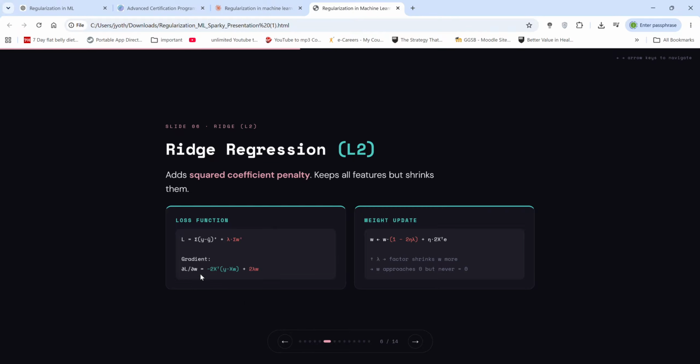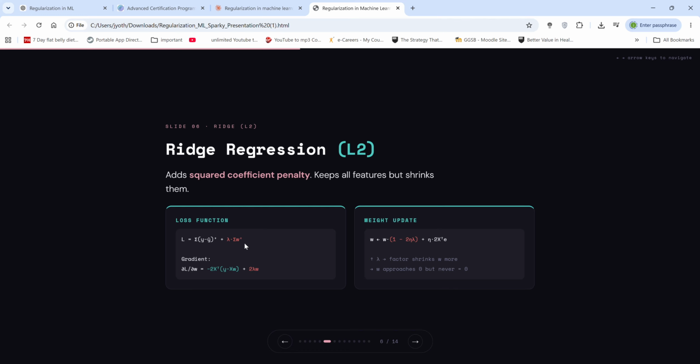When we open this and solve this equation, that is the summation of (y minus y predicted) squared plus lambda times the summation of W squared, when we solve this using gradient descent, we get the last formula: theta is equal to xy divided by x square plus lambda.